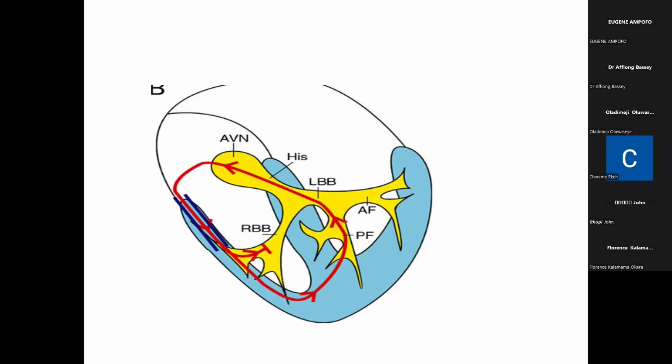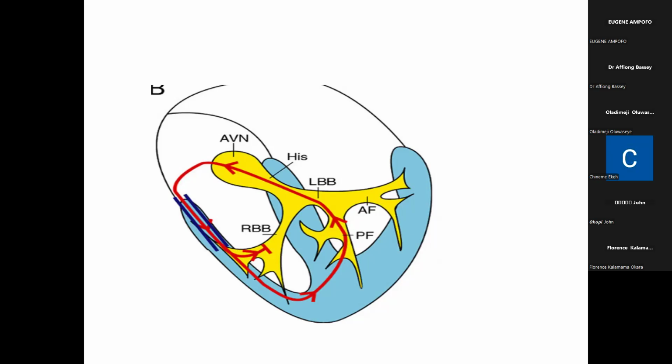You understand? If it's very fast to conduct back to the atrium, that means that at the same time when you are still depolarizing the ventricle, the aberrant tract has quickly conducted to the atrium to depolarize the atrium. So the atrial depolarization will be coinciding with the ventricular depolarization at the same time.